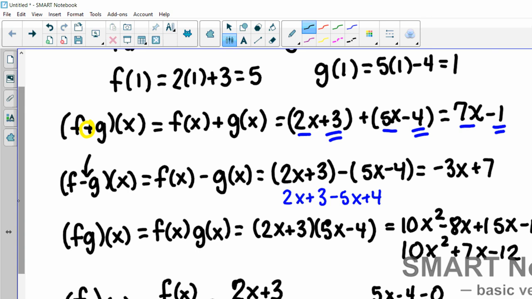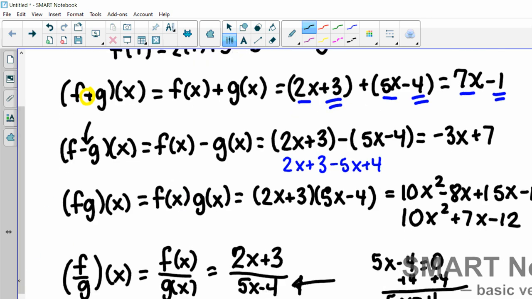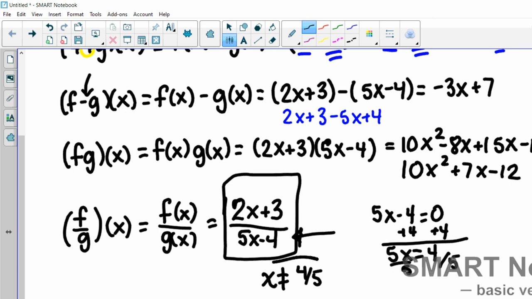So I have to tell the reader that this is what f of x over g of x looks like. I also have to tell people that I have to avoid the value 4/5 for x. I can pick anything I want except for 4/5.